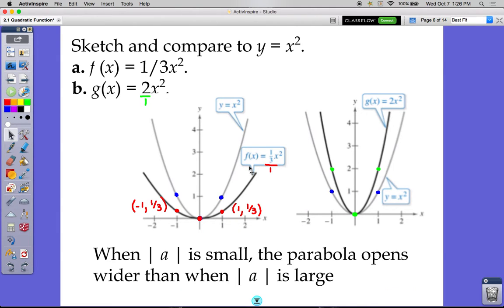So when the absolute value of a, the number in front of the x squared, is small, the parabola is going to be wider. It's going to vertically shrink, so it's going to look wider. Then when the absolute value of a is large, it's going to vertically stretch. So notice the difference between those two. This one is a vertical shrink. That is, it looks wider.